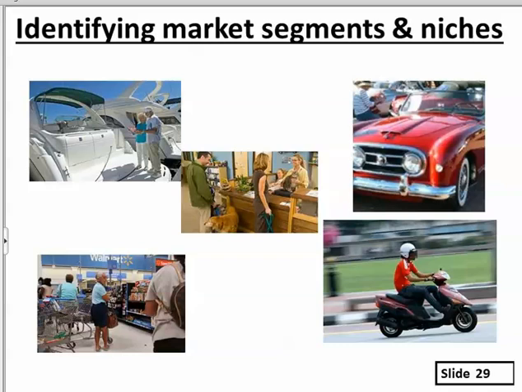So again, you could be marketing to senior citizens, but if you can target the group that is well enough off financially to be able to afford a big fancy boat like the picture in the upper left hand corner, and you have something that will appeal to them, then you have narrowed that market down so that you're not wasting your advertising and marketing dollars and your effort on a group that is not as fruitful for you as that very narrow niche market would be.